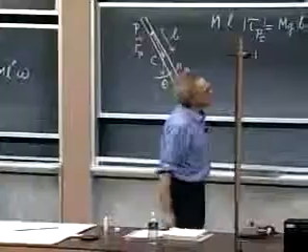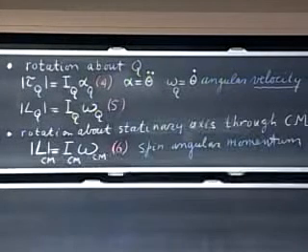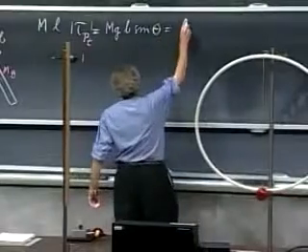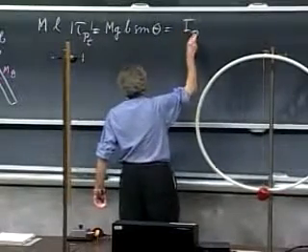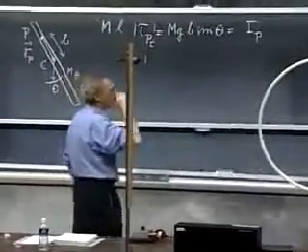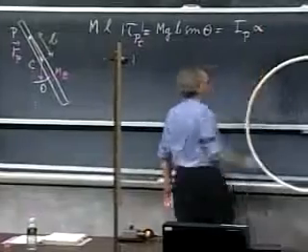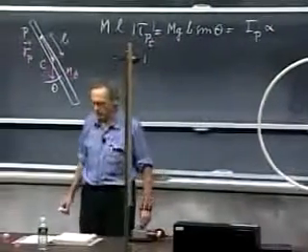I go to equation number 4, and I say, aha, that must be equal to the moment of inertia about point P, about the axis perpendicular to the blackboard through point P, times alpha, which is the angular acceleration.